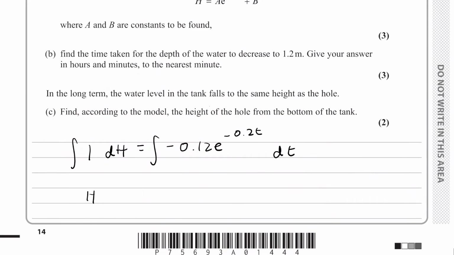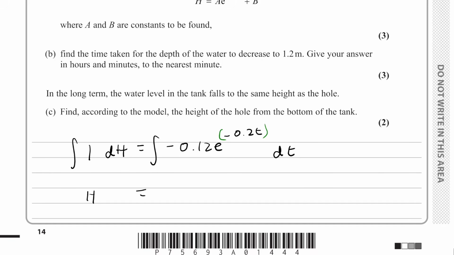So h equals, when we integrate e, it stays the same, but we divide by the bracket, which is the power differentiated. So we're going to divide by negative 0.2.